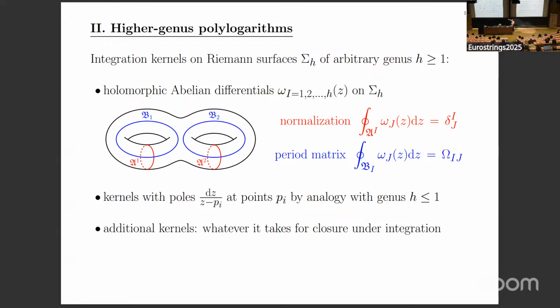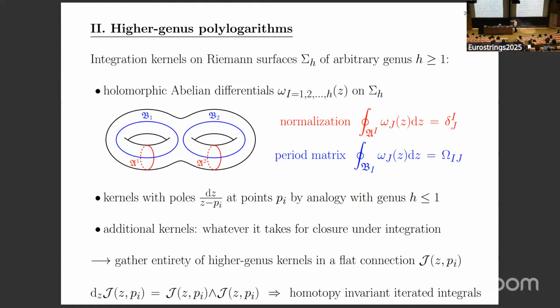But the omegas and simple poles themselves are not enough. I will argue that you will need many more kernels to really ensure that the polylog function space closes under integration, which was the initial selling point, what these function spaces should do for us.